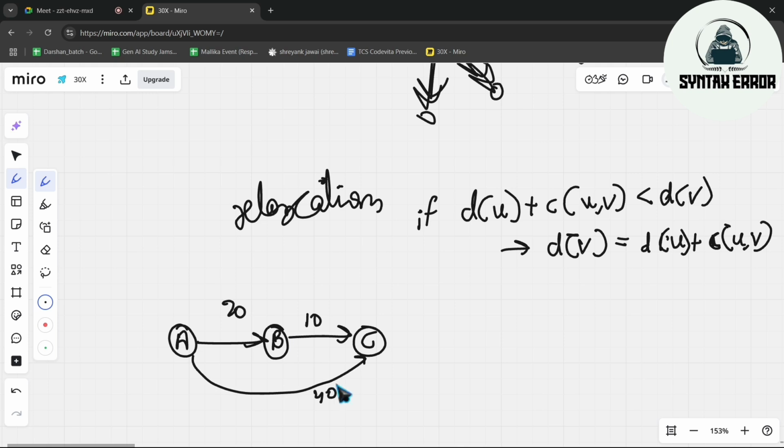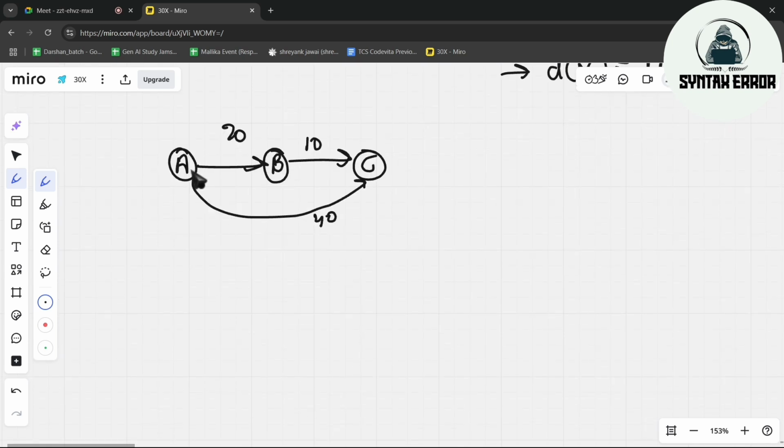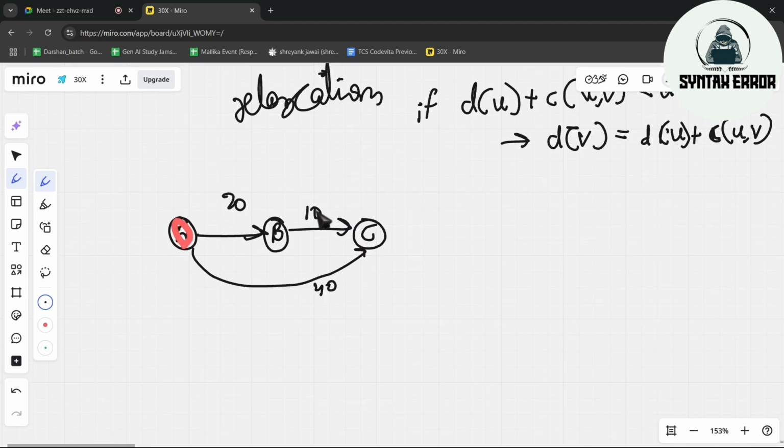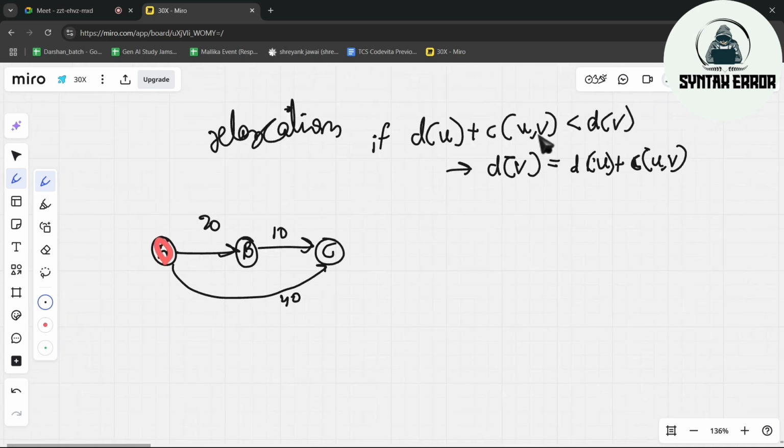Now let's assume A is our source. We have to find the shortest distance required to travel from A to B, and from A to C. First, we will see the relaxation concept.